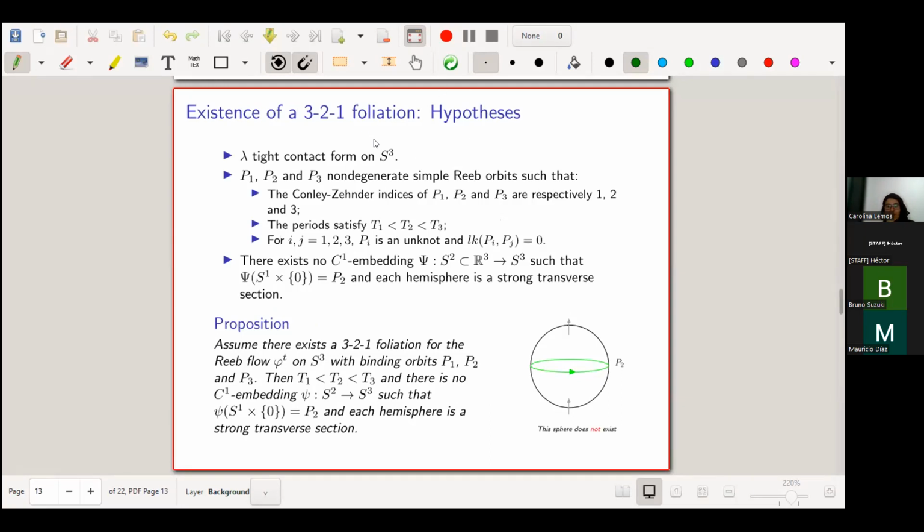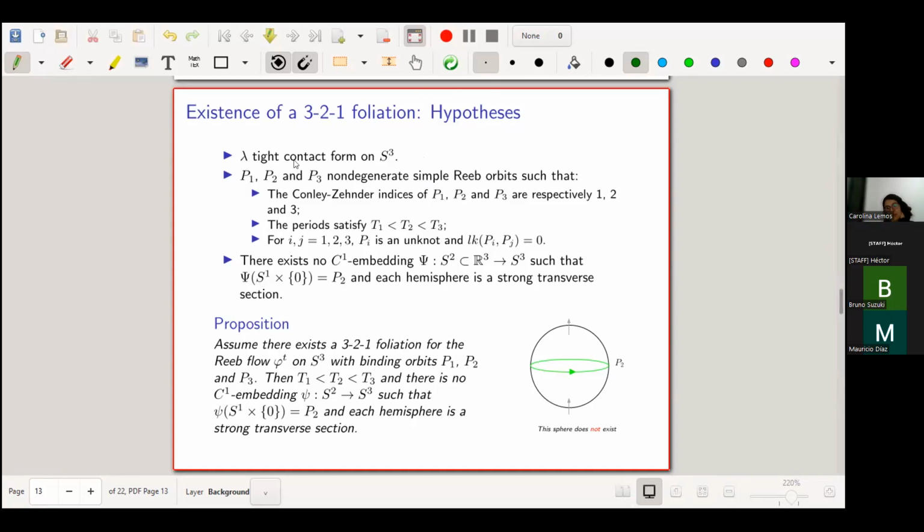Okay, so the result I will state is about the existence of this kind of foliations. And we will assume that we know a priori the existence of the binding orbits. The idea is to give some sufficient and also some necessary hypotheses for the existence of a 3-to-1 foliation with binding orbits in this special set of orbits.